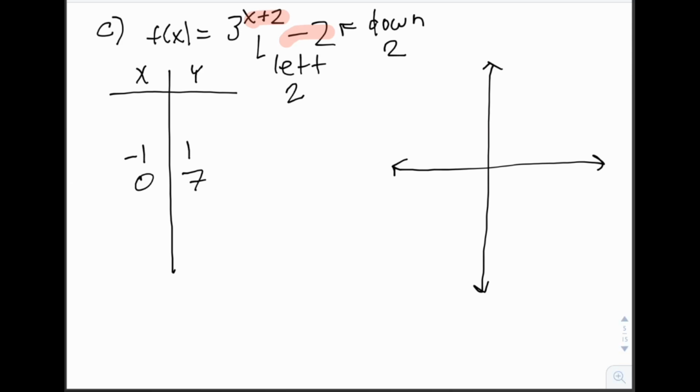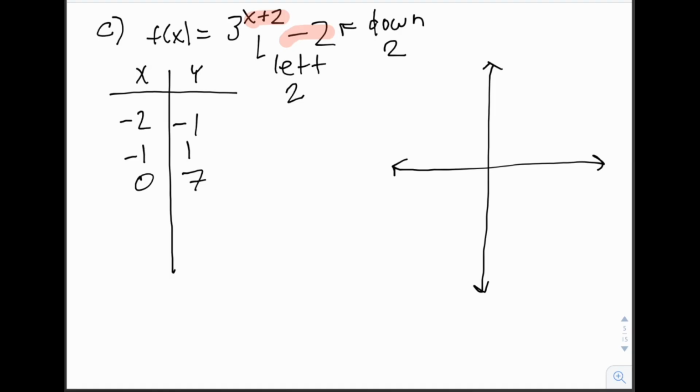So that will get me a positive 1. And then last, if I pick a negative 2, that should get me a 3 raised to the negative 2 plus 2, or 0. So that would give me a 1 minus a 2, or a negative 1. And we should be good to go to figure out what this is going to look like.